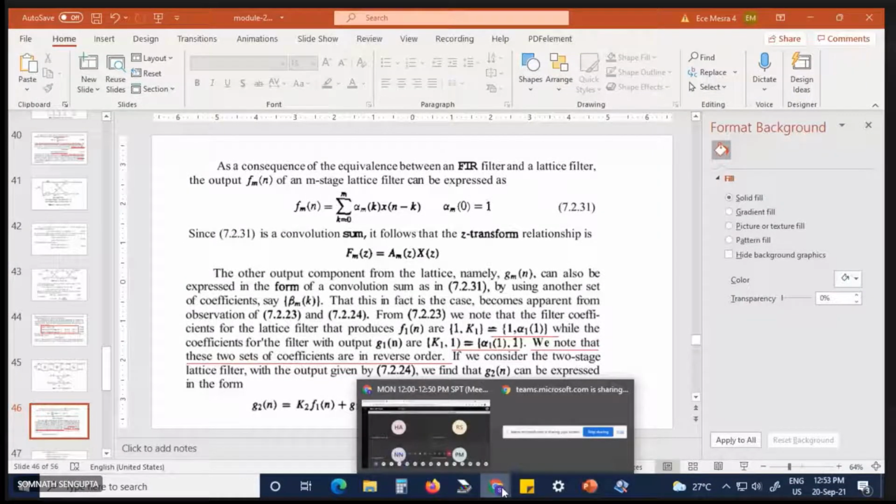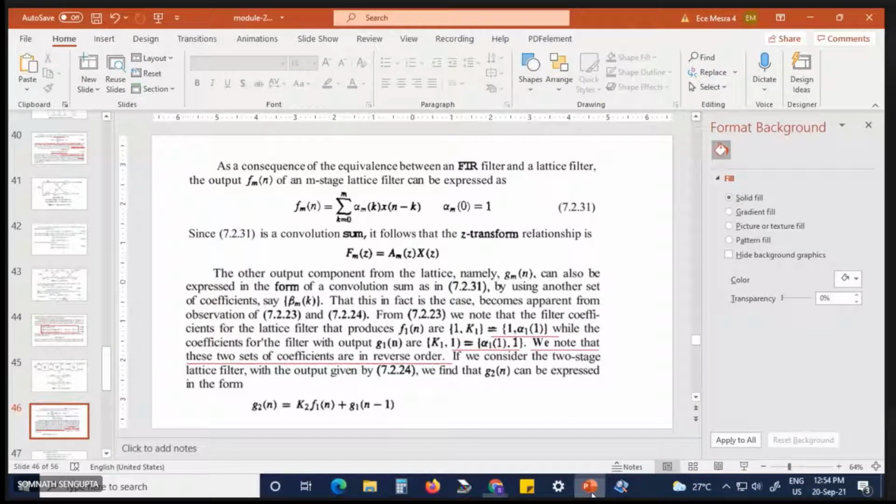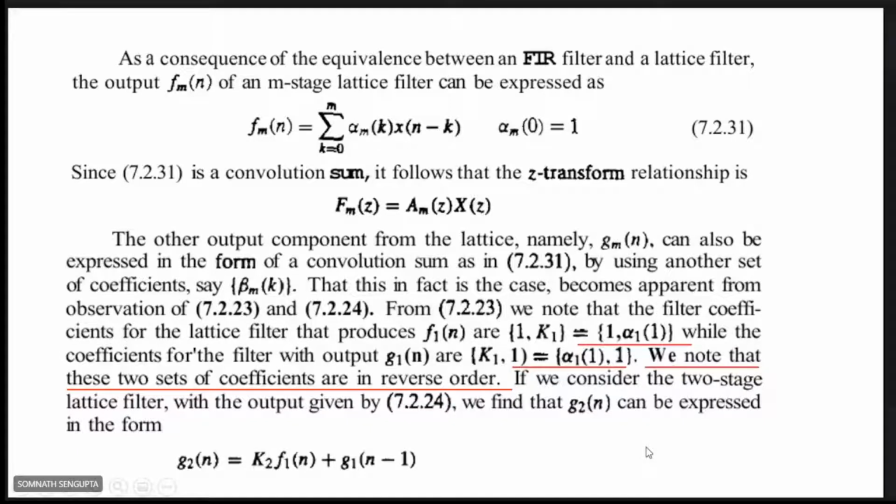Finally, g2n, the second output, is calculated as the lattice coefficient K2 into the first input f1 plus the delay of the second input g2n.